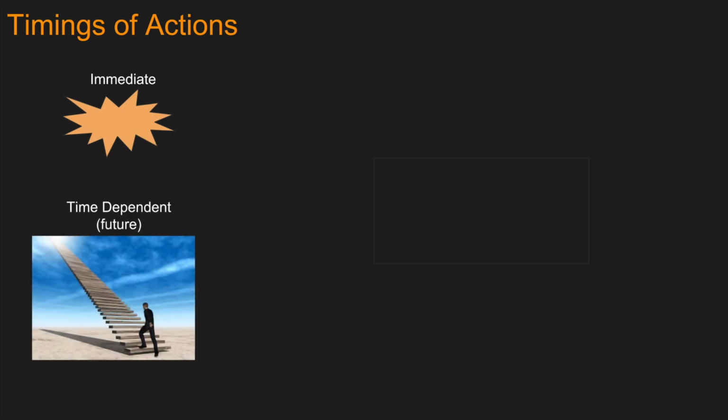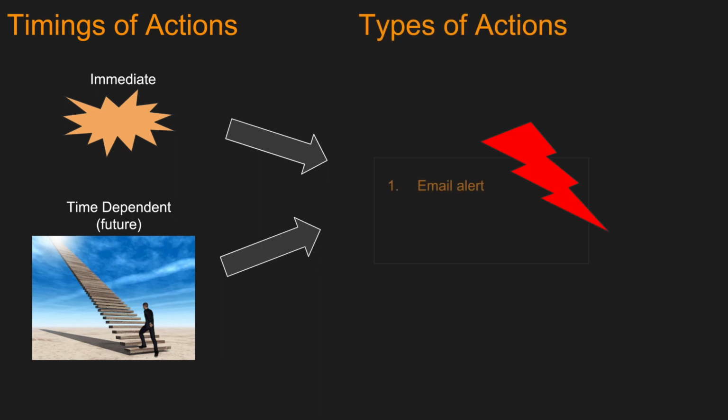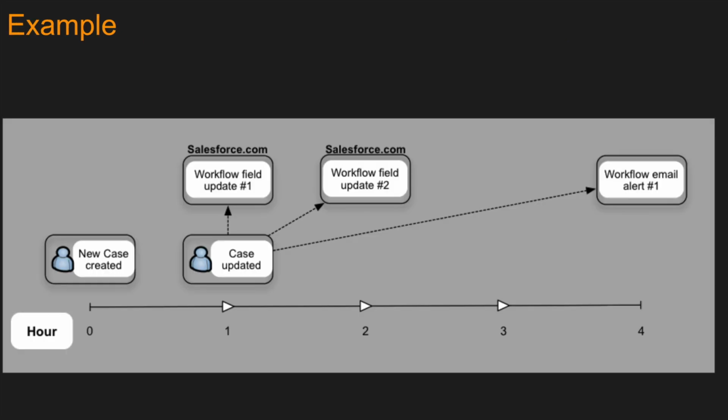The next section is about timing of actions. We can have actions that are immediate or time dependent, which are just actions in the future. And the type of actions that immediate and time dependent actions can do are the same. They can send an email, you can update a field, you can create a task, you can send an outbound message. Basically, imagine we're creating a case.